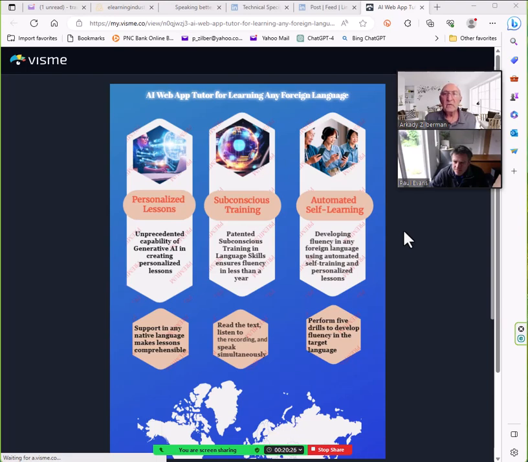And we have a new self-learning approach, which we can use in this application and use it for learning any foreign language. So the application comes with zero lessons. It comes only with the potential to create an unlimited number of lessons according to your interests or vocational interest or your preferences. You create your own lessons.